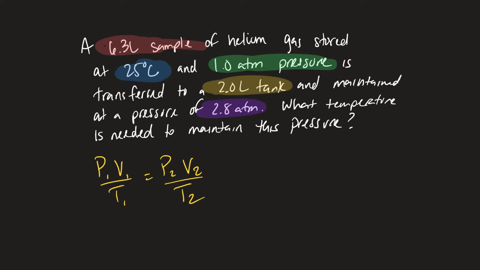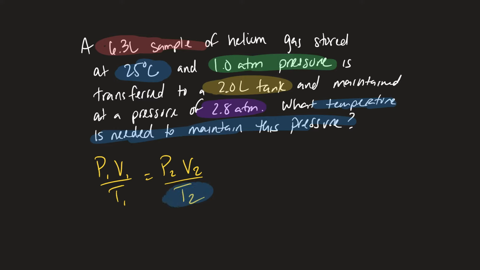All right, so these are all the different numbers that we have. And then finally and lastly, it's asking us to figure out at what temperature does it need to be maintained. So it's temperature that I'm looking for. Okay, so I'm looking for essentially T2 here.